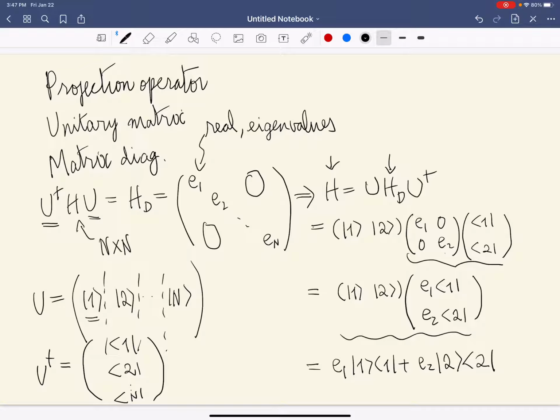If the significance of this expression does not immediately become obvious, let me open up a new slide and try to elaborate. What it says is that, given some arbitrary n by n Hermitian matrix, we can always find a way to express the Hermitian matrix as a sum of such objects.